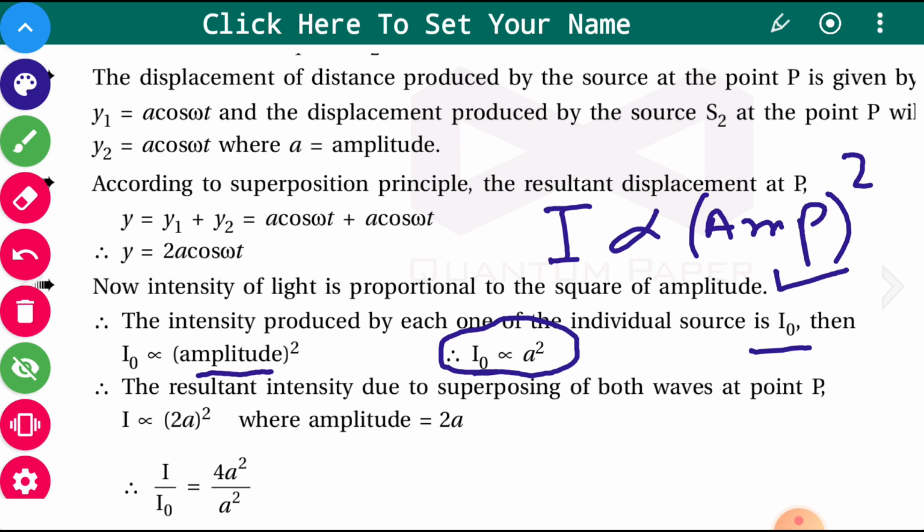Now the resultant wave at point P has amplitude 2a, so the resultant superposed wave will have intensity I at point P proportional to (2a) square, where 2a is the amplitude now.